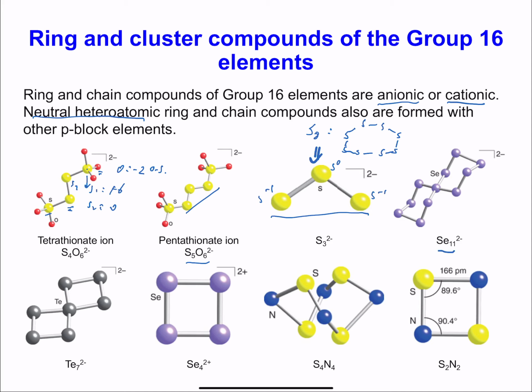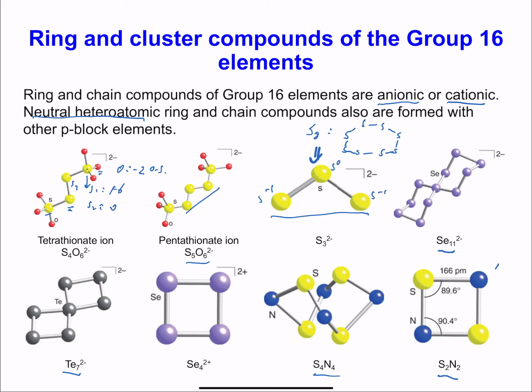This one is a selenium cluster, 11 selenium. And here is 7 tellurium. The last two are heteroatomic clusters. So this one is S4N4 and S2N2.